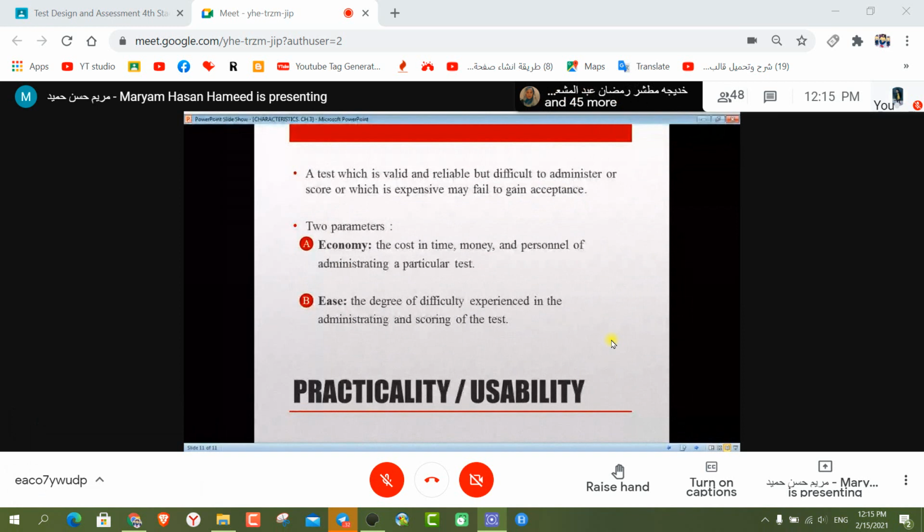A test which is valid and reliable, but difficult to administer or score, or which is expensive, may fail to gain acceptance.